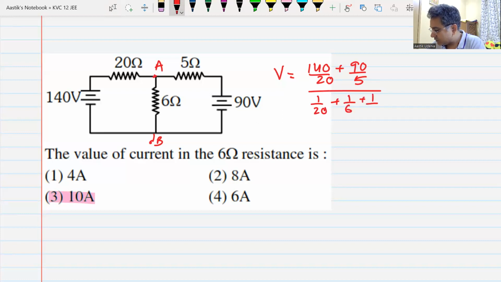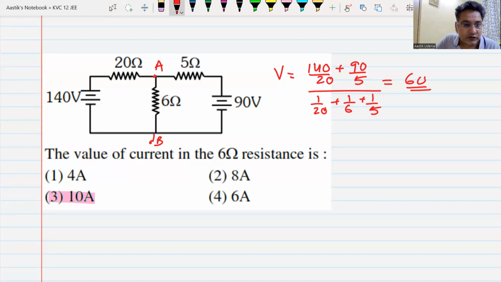How much does it come? 60. Then 60 divided by 6, the answer would be 10 amps, fair and square.